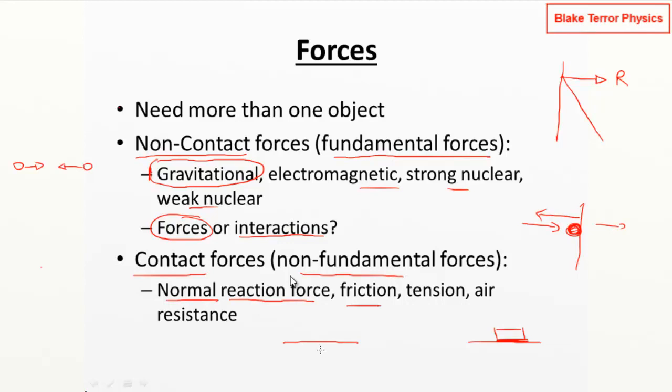Tension. So we've got a rope or a tow bar or something connecting 2 objects. Then if this object is pulled off to the right, then the rope will transfer that force along it so that the object on the left is also pulled off to the right. So we've got a force that's acting inside that rope.